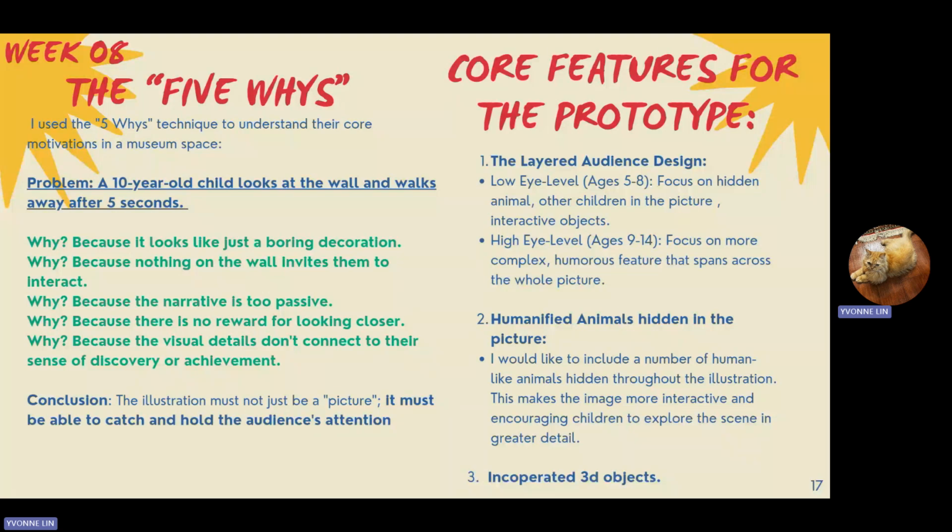As a result, I designed different layers of engagement for different age groups. Younger children can look for hidden animal characters and interactive objects, while older children can look for more detailed visual stories and hidden elements throughout the illustration.